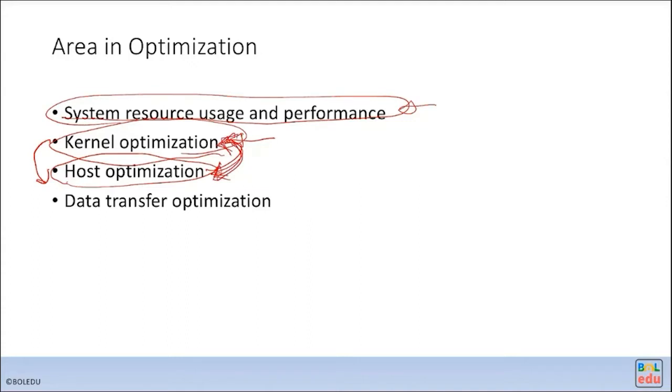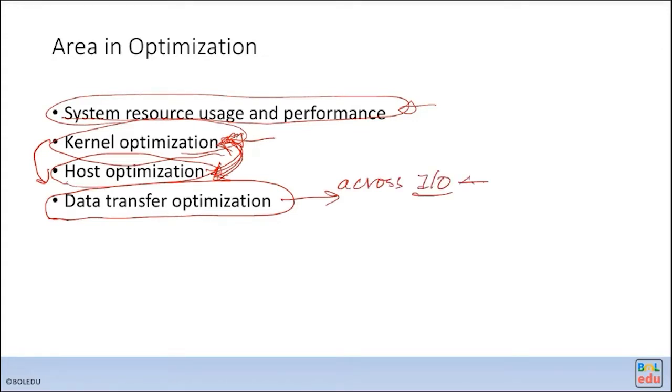And then you also need to pay a lot of attention to data transfer optimization, because the data transfer goes across the I/O bus. The I/O bus always has limited bandwidth. Also, the I/O bus has a longer latency.